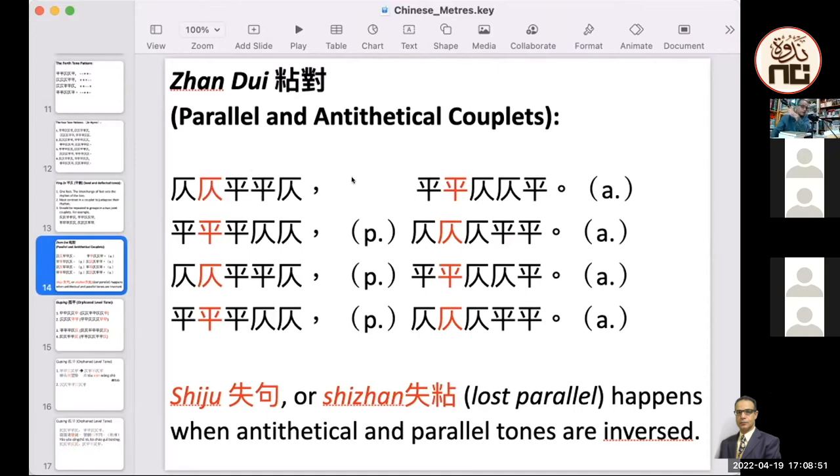If it's 7 characters, qi shi, then it's the second, the fourth, and the sixth. Okay, the rhythm is not determined by the odd tones, not by the first and the third and the fifth.